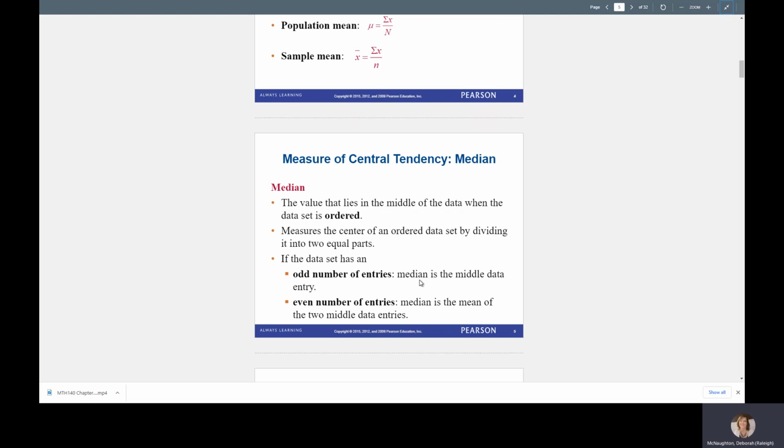So it totally splits the data in half. But if I have an even number like 12, then to get the median, I would take the 2 numbers in the middle. I would take number 6 and number 7, because there are 5 values below number 6 and 5 values above number 7.